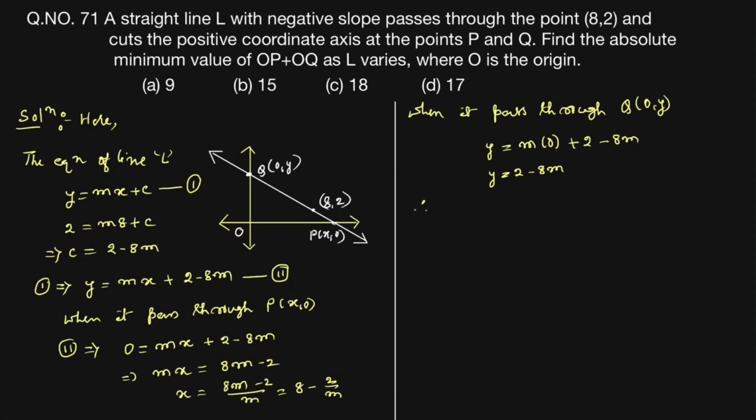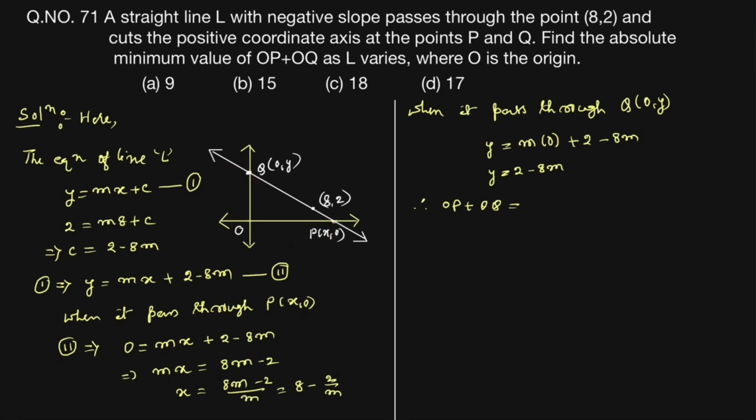Therefore, OP plus OQ equals, so OP means this distance and OQ means this distance, which is equal to x plus y.